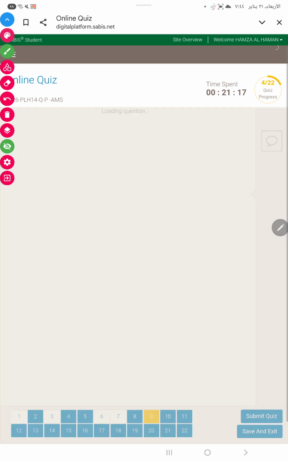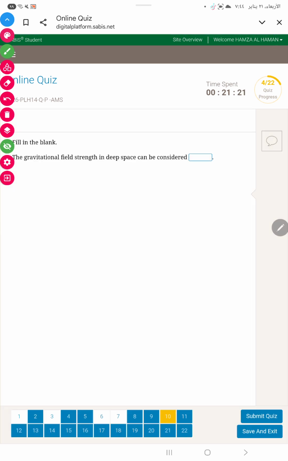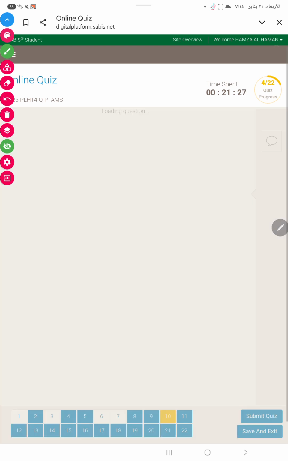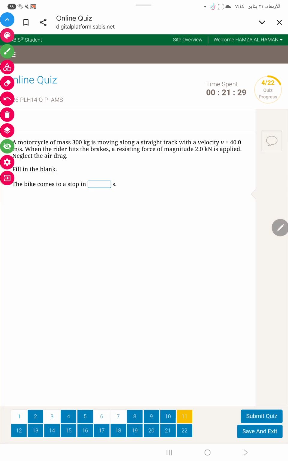Now, question number 10. The gravitational field strength in deep space can be considered 0. Number 11. A motorcycle of mass 300 kg is moving along a straight track with a velocity v equal to 40 meter per second.